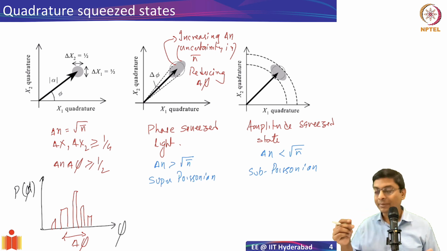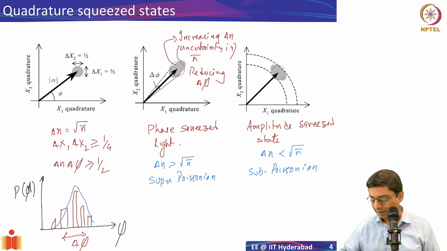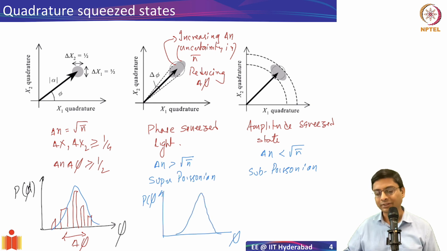Now, if I have a phase squeezed light, I'll just represent this by an envelope. I don't want to show the histogram entirely. So if I have my coherent state envelope like this, if this is my phase and this is my P of phase, the probability of a certain phase, I'll represent my coherent state by this. This is coherent.